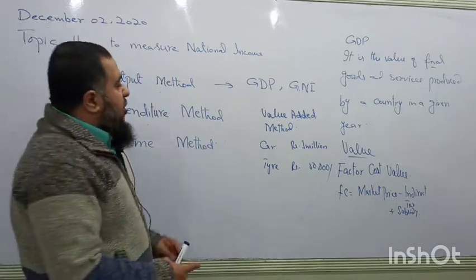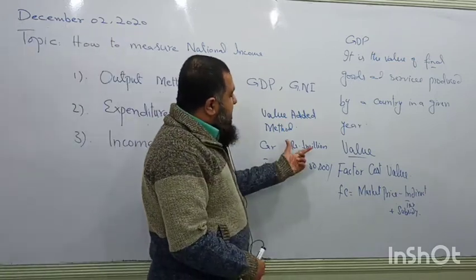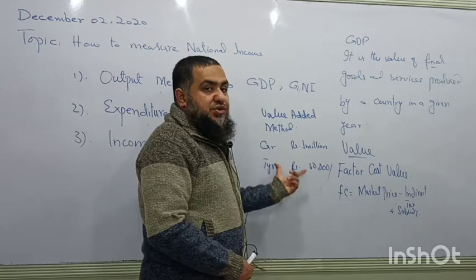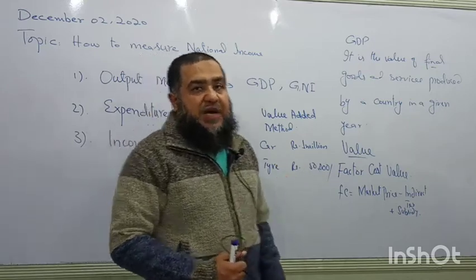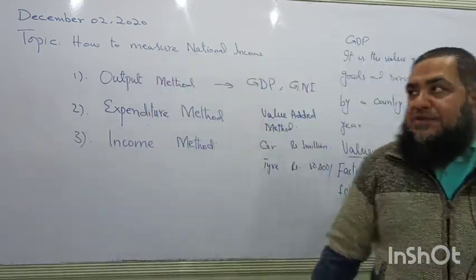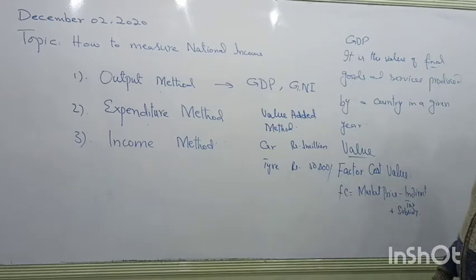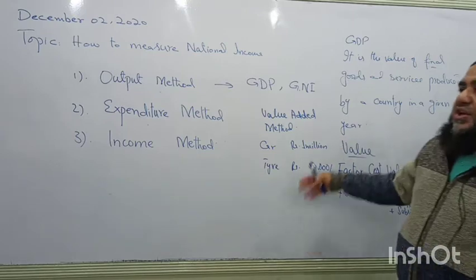So we see how much value is added to the car due to the installation of tires. That difference in value is called the value added method, by which we are measuring the GDP.